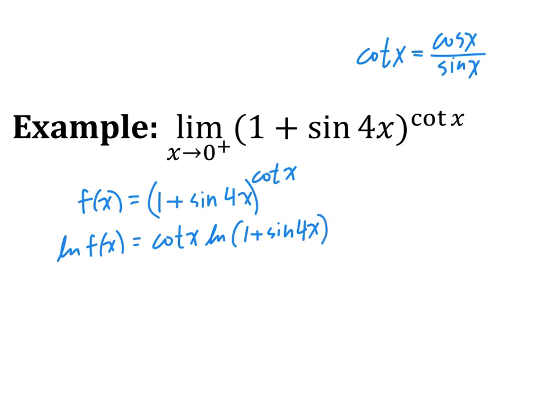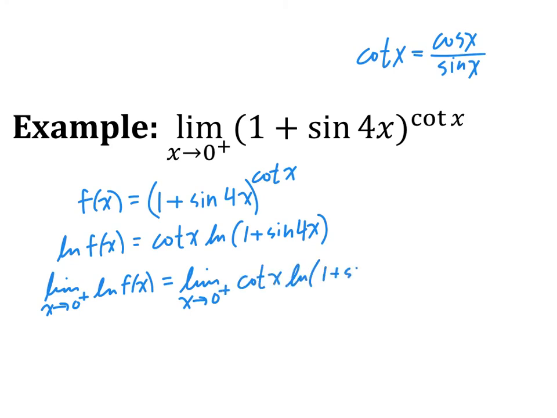Okay, then we are going to apply limit. Let's double check what we're going to get. So cotangent x, we said that is going to infinity. Natural log 1 plus sine 4x, we said that was 0. So 0 times infinity. All right.